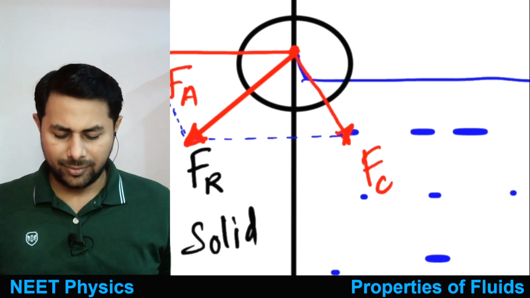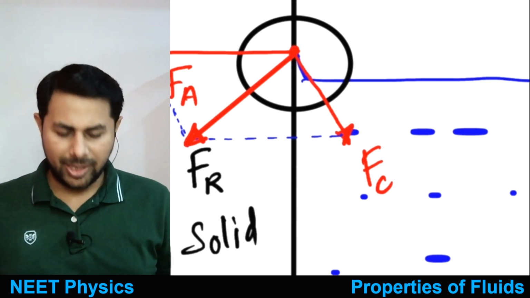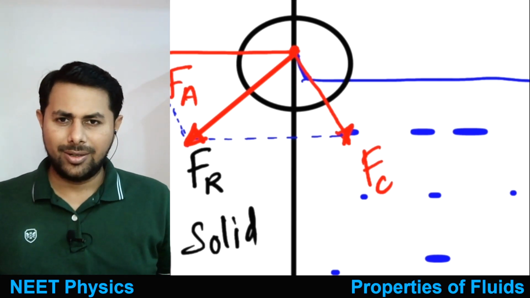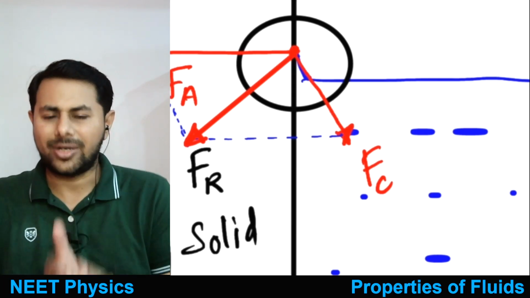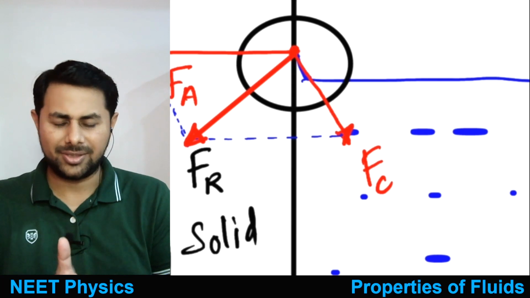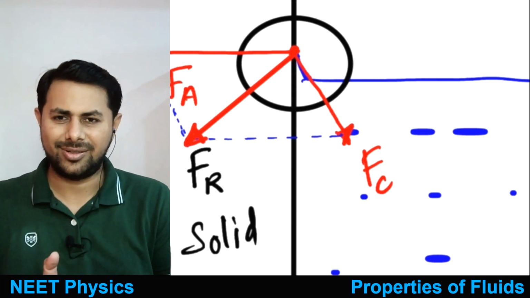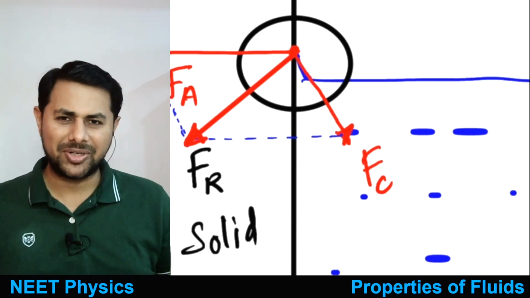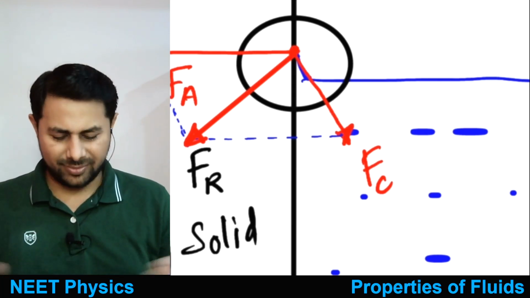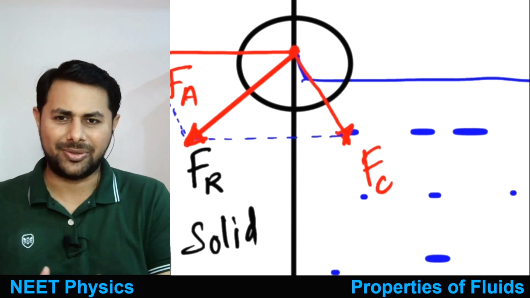So if adhesive force is more, what will happen? These liquid molecules tend to stick to the solid surface, right? They will wet the solid surface, because adhesive force is more. So they will leave the liquid molecules and cling on to the solid molecules.